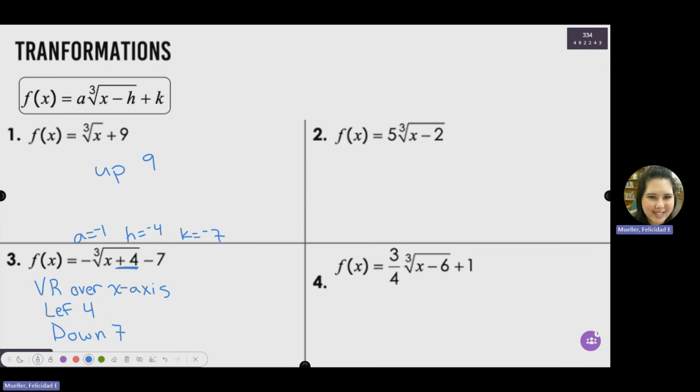On number 2, we have a vertical stretch by a factor of 5, and it is moving to the right 2 units. On number 4, we have a vertical compression by a factor of 3/4.